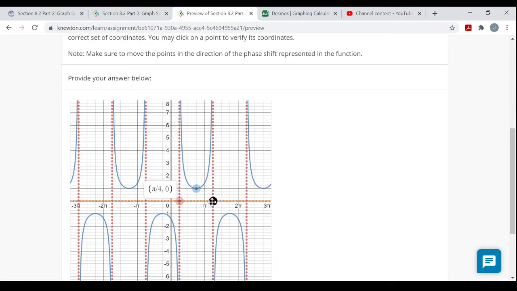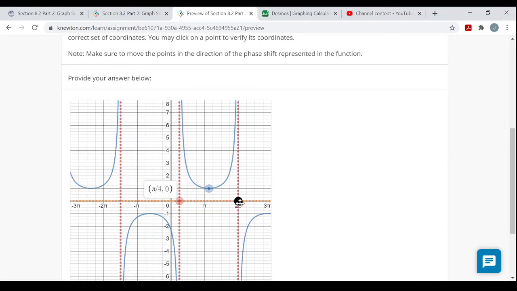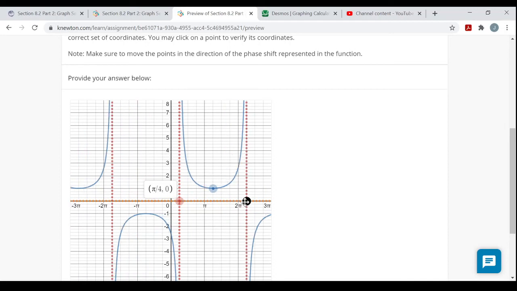Now that means this middle asymptote should be at 5 pi over 4, right? Because I want the distance between two asymptotes to be half the period, and this is at pi over 4, this is at 9 pi over 4. That's 8 pi over 4, that's 2 pi, which is half the period.